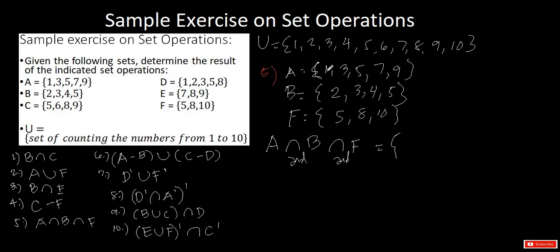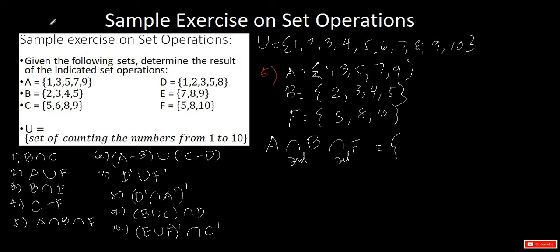So we have here the 1. 1 is an element of set A only. It's not found in B and F. So therefore, 1 cannot be the element of the intersection of the three sets. We have 3. 3 is an element of A and at the same time in B, but it's not in F. So therefore, we cannot consider 3 as an element of the intersection of the three sets.